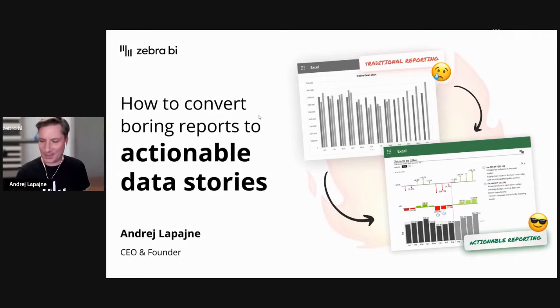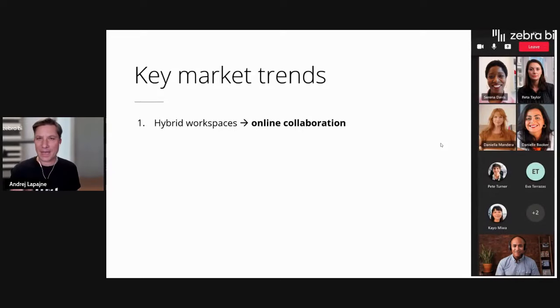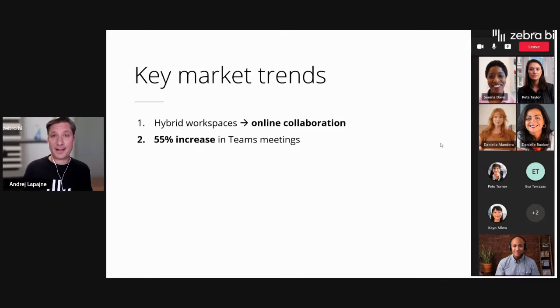All right, so first of all, let me show a couple of market trends, a couple of facts about the data world today. Number one, we all work collaboratively and online in hybrid workspaces. There's a 55% increase in Teams meetings.